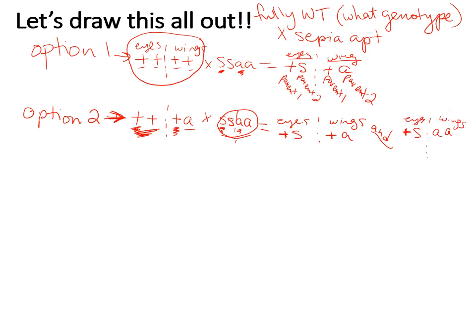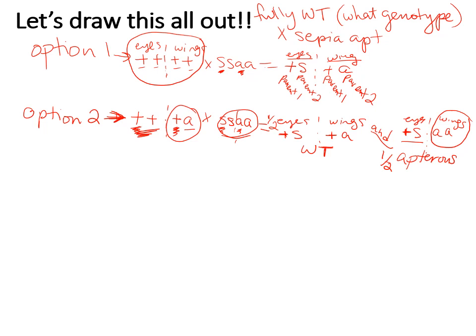So what happens in this scenario, half of the flies will look fully wild type, with wild type eyes and wild type wings. Half of the flies will have mutant wings. Since the eyes are wild type here and the wings are mutant, we would call this fly apterous. So half the flies are apterous, half the flies are wild type with this option when it's heterozygous for wings.